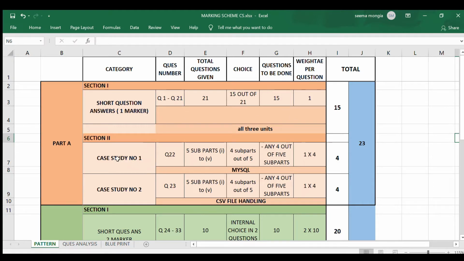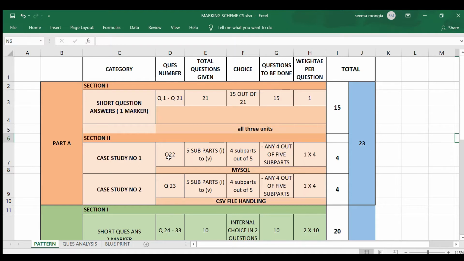In the next part, section 2 of part A, it is covering 2 case studies. Each case study is carrying 4 marks. There will be 5 questions in each case study, out of which you will have to do only 4. That means both the case studies are compulsory. They will be in the form of question number 22 and question number 23. Question number 22 case study will be from MySQL as per the CBSE pattern.